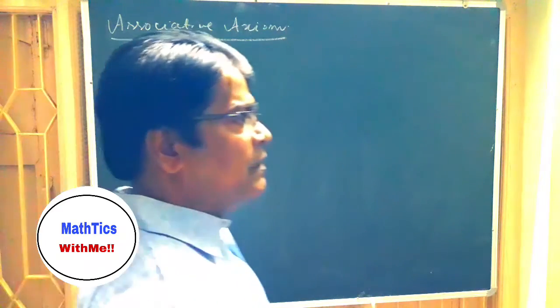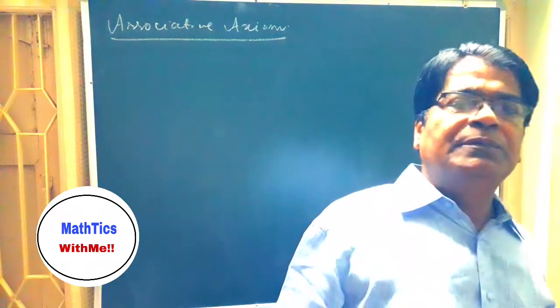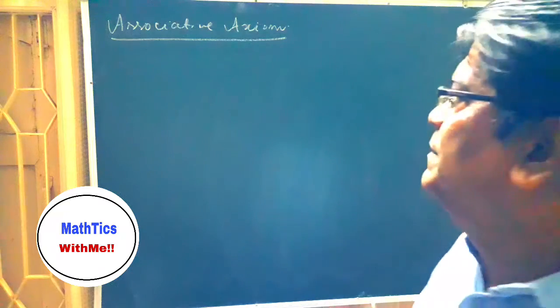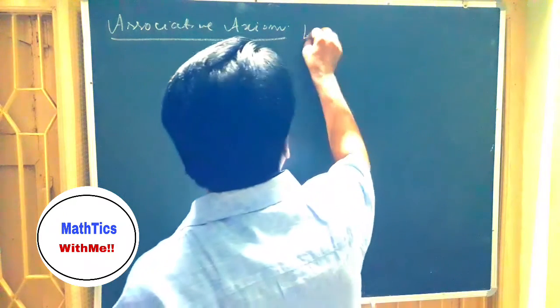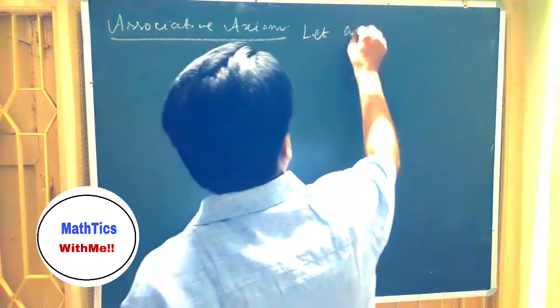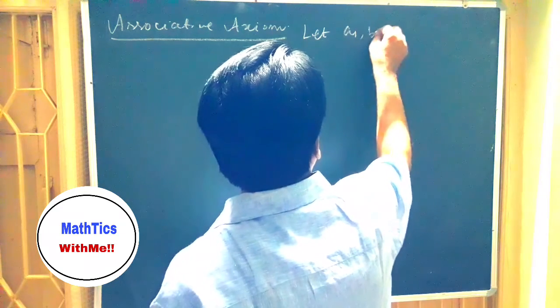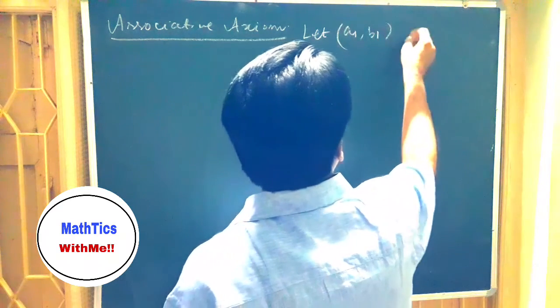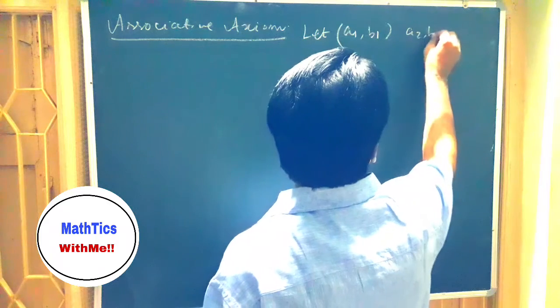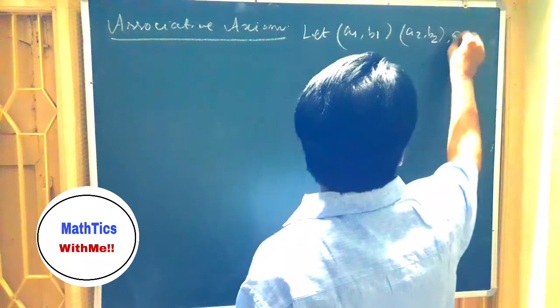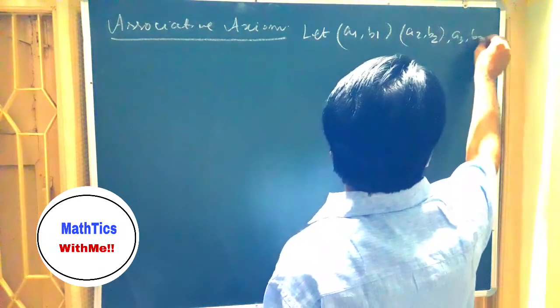Here we have to choose three elements from G1 cross G2.